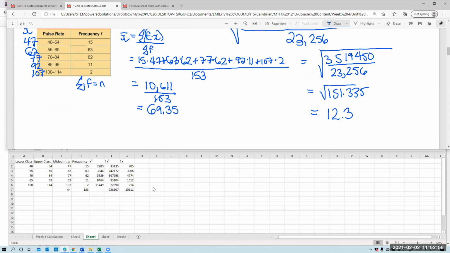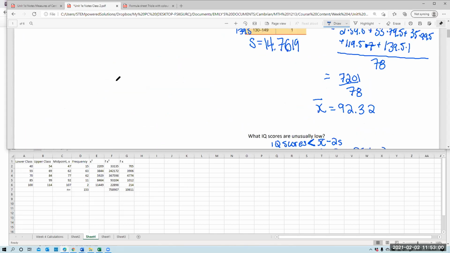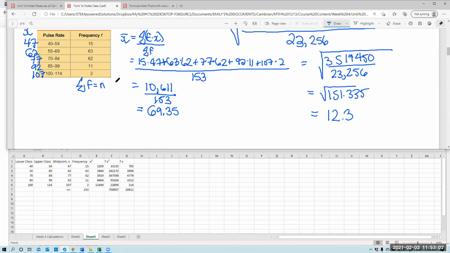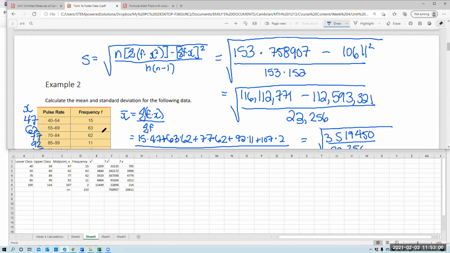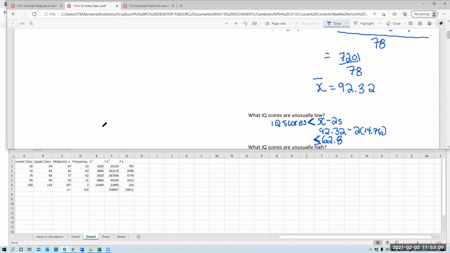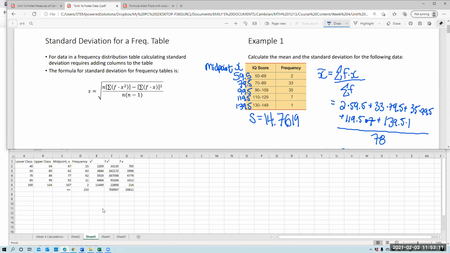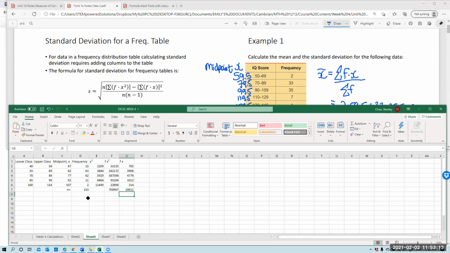So I'm going to finish this up actually in Excel. I just need the equation. I need to basically square this value right here, so this equals this value times this value again.